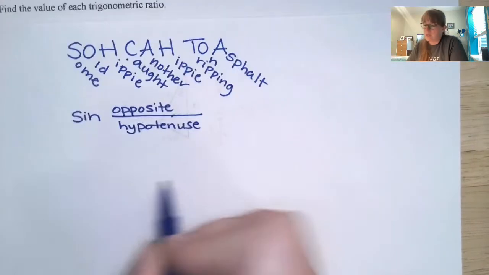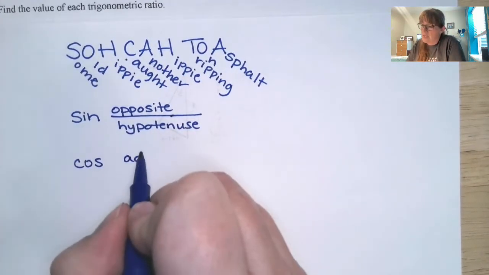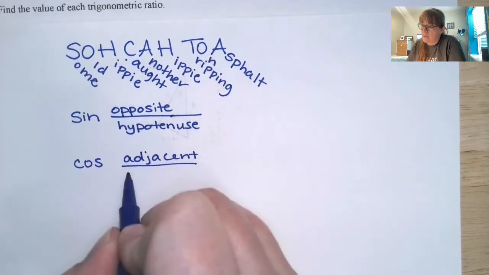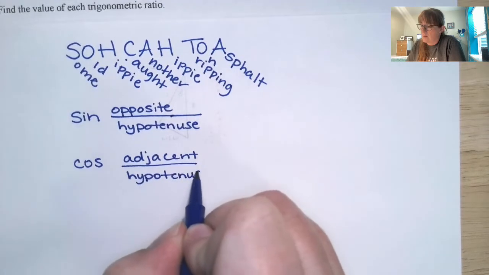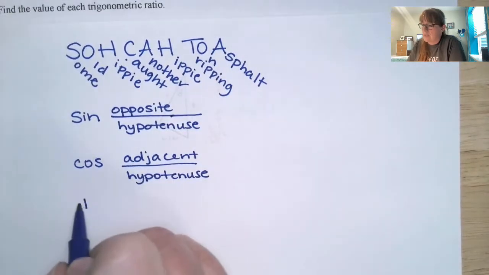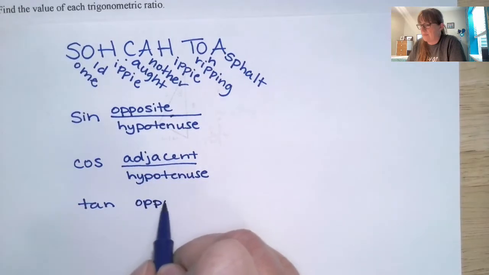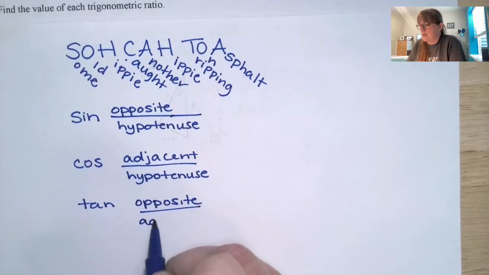C is for cosine, and that is for adjacent over hypotenuse. T, tangent. O is always opposite. And then A is adjacent.